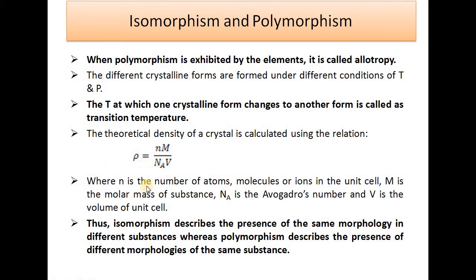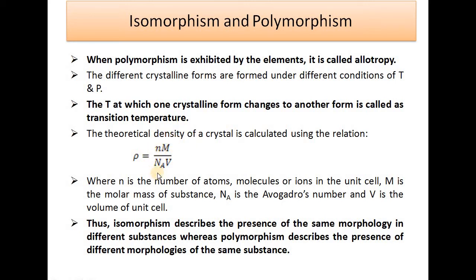So how is this equal to the density of the unit cell? It is the total mass of the unit cell divided by the total volume of the unit cell. Now the total mass of the unit cell will be obtained from the total number of atoms present in the unit cell, and that is equal to N here. Now M by Na is equal to the mass of a single atom, which is the ratio of molecular mass divided by Avogadro number, and a total of N atoms are present in the unit cell.